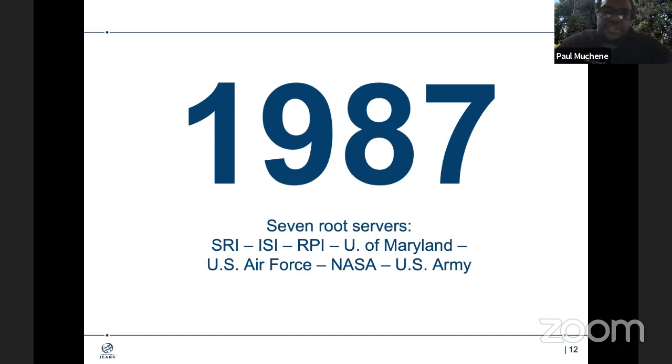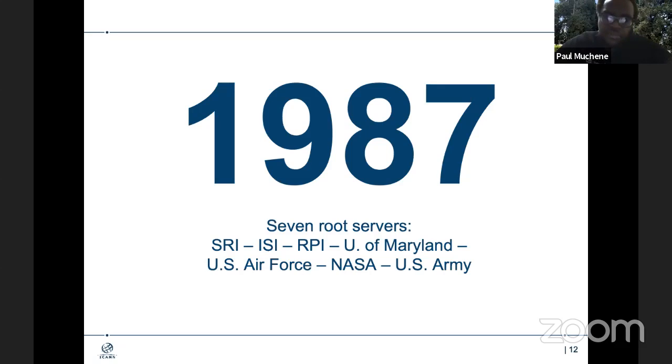In 1987, a few things happened. First and foremost, ARPANET was opened up to the academic and research networks. This was undertaken by the National Science Foundation, and they created their own backbone called the NSFNet. With the opening of the ARPANET to the National Science Foundation network, certain academic institutions started to join.